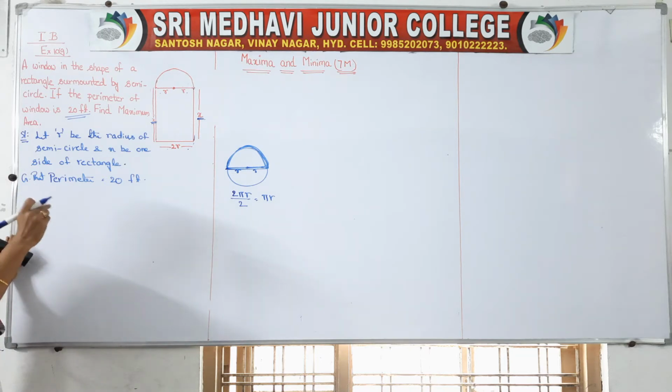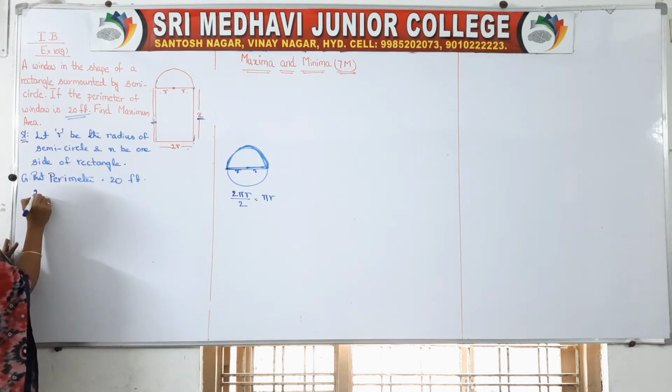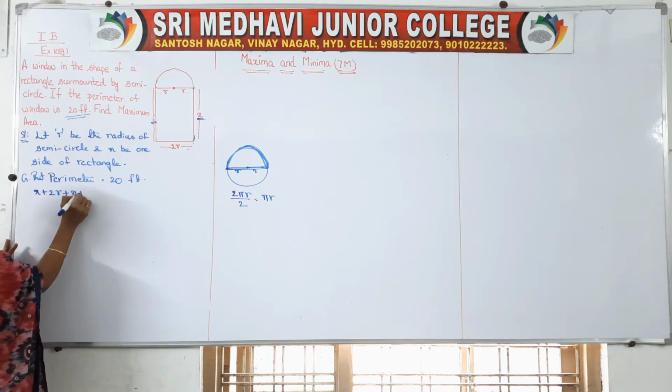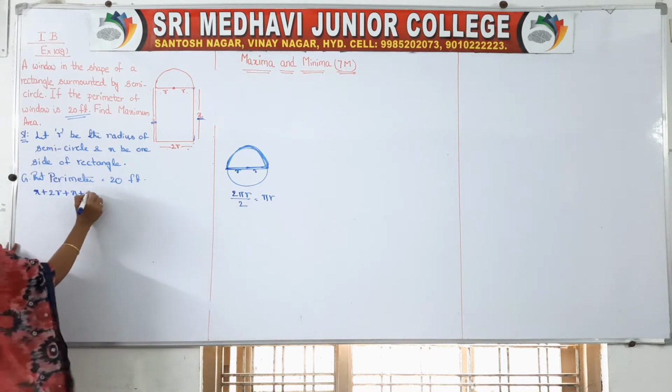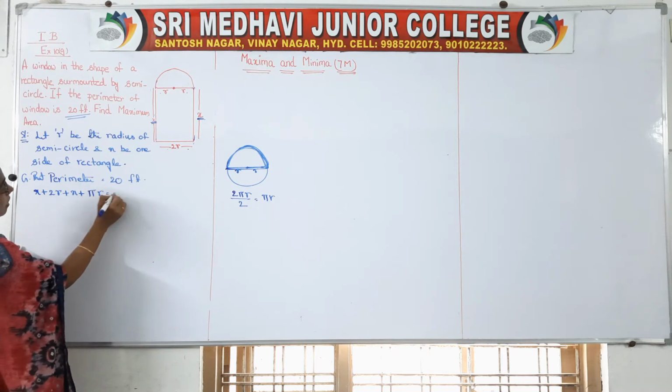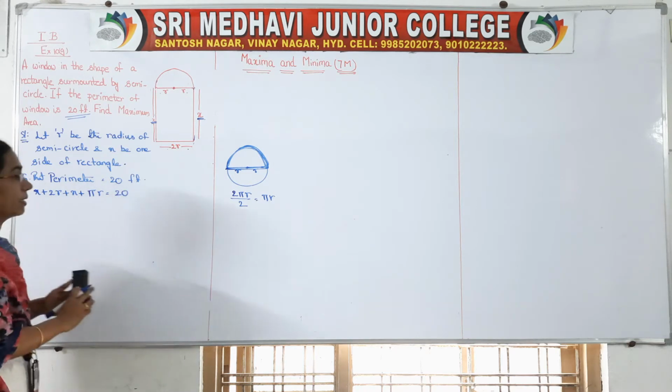Circumference of the circle is 2 pi R. We have taken a semicircle, 2 pi R by 2, that is pi R. So come on, it is X plus 2R plus X plus the circumference of the semicircle, that is pi R, is equal to 20.